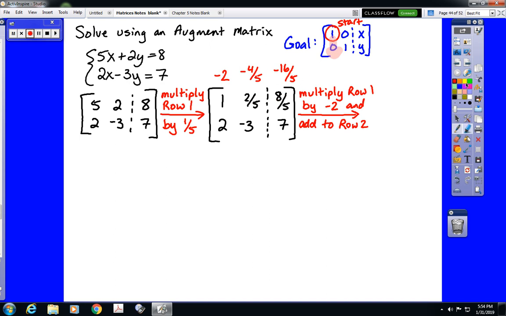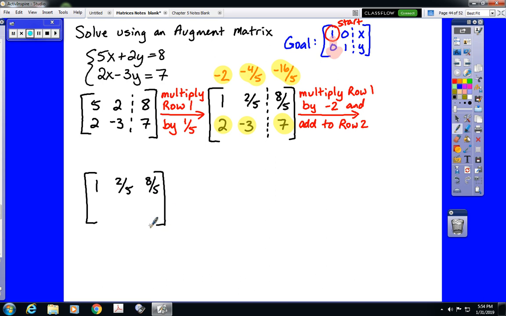And then I'm going to add those numbers together. So I'm going to go negative 2 plus 2, negative 4 fifths plus negative 3, negative 16 fifths plus 7. The first row is still 1, 2 fifths, and 8 fifths.